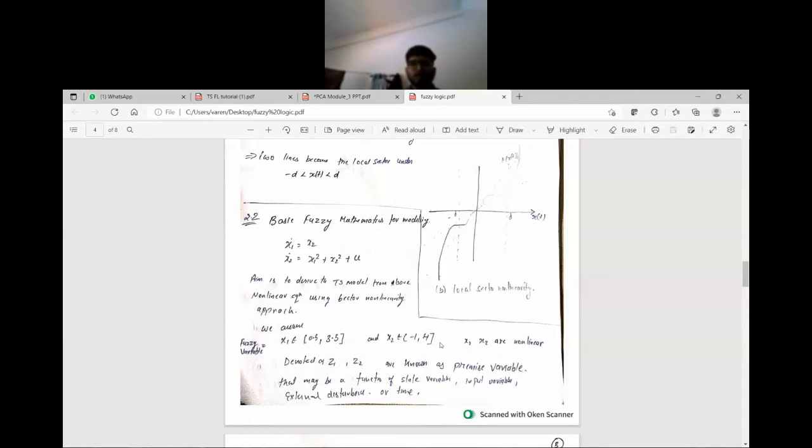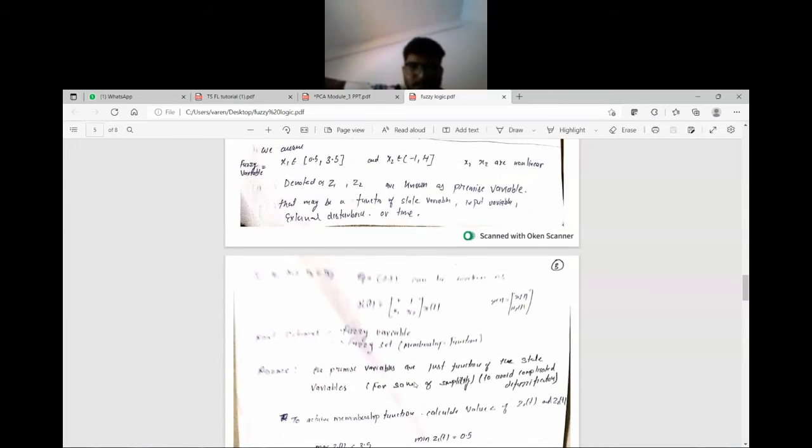We have assumed here x1, which is a fuzzy variable, lies between 0.5 and 3.5, and x2 belongs to minus 1 to 4. x1, x2 are nonlinear here. Let us denote x1, x2 as z1, z2, which are also known as premise variables. They may be a function of state variables, input variables, external disturbance or time.